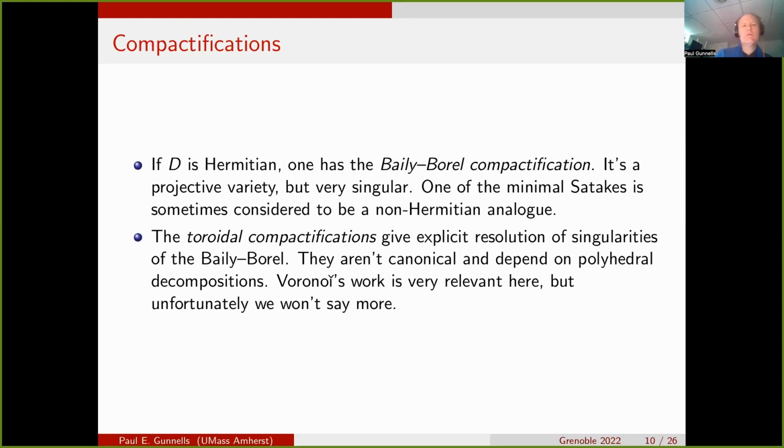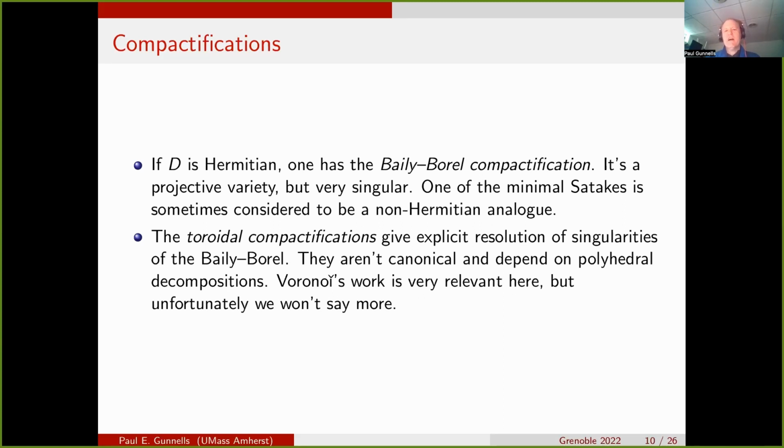In fact, you take the graded ring of automorphic forms on the space, and that gives you a place to take a closure. You get a projective space there, and you take a closure. It's nice in that it's canonical and it's an algebraic variety, but it is incredibly singular. It's very difficult to understand its topology and its geometry.